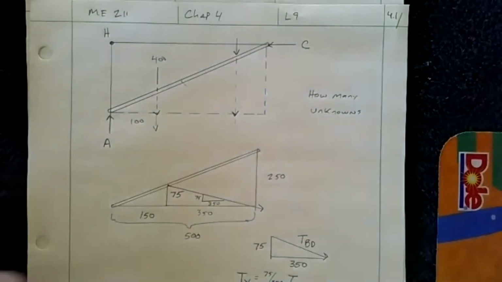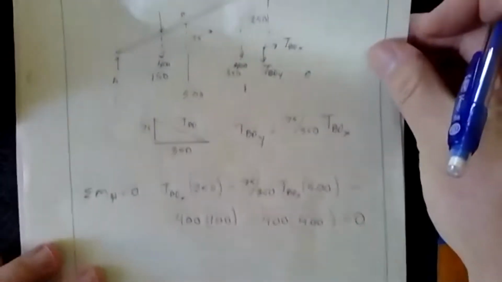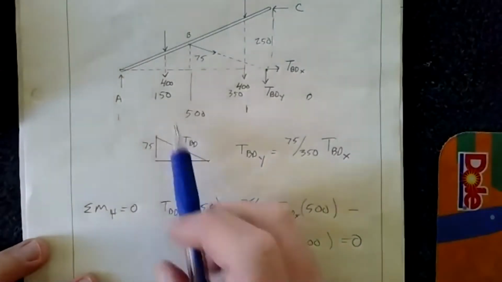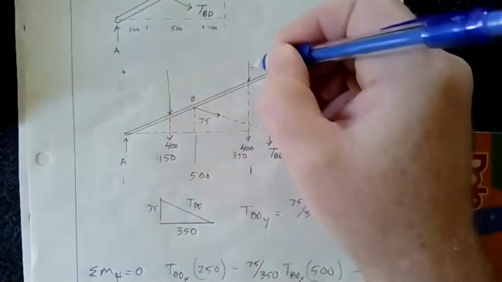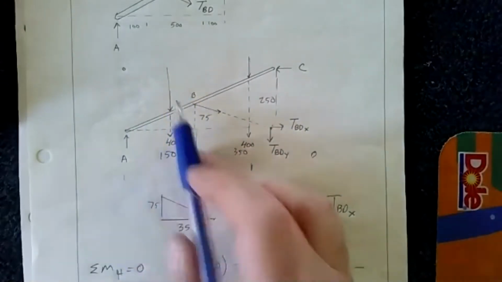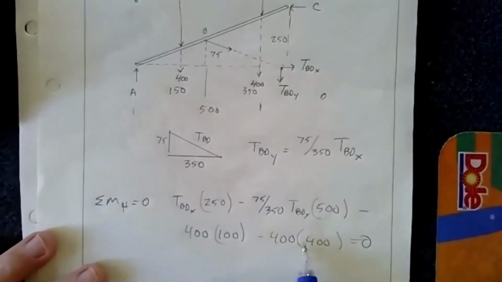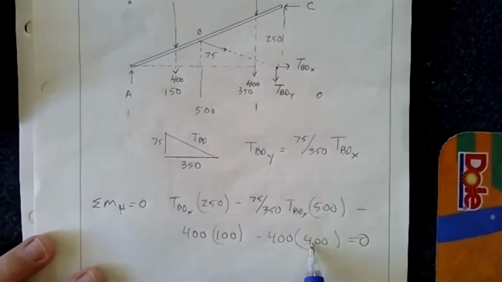Looking back at this, we have 400, because here's our H point way up here. So that force extends, and we have 400 times that distance, 400 times that distance. That's why they're both negative, with 100 millimeters and 400.